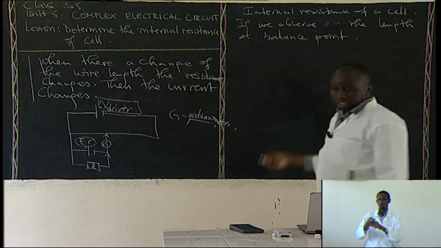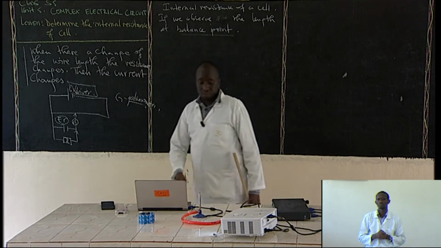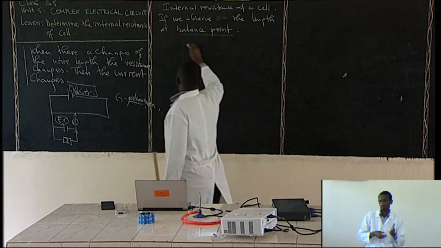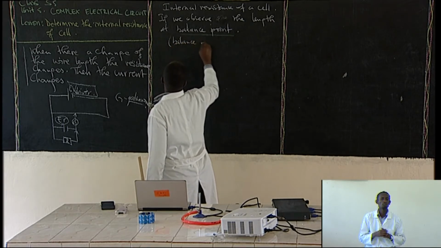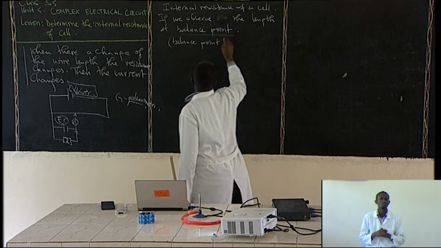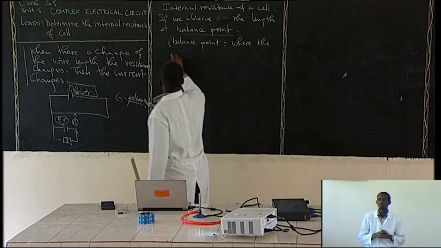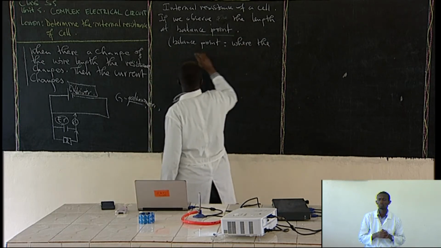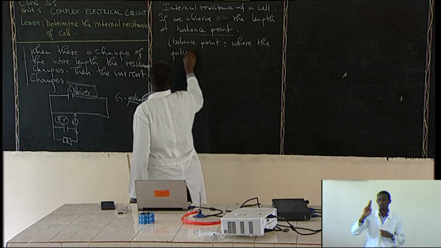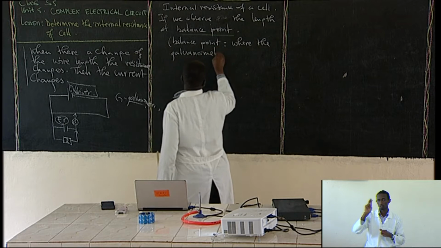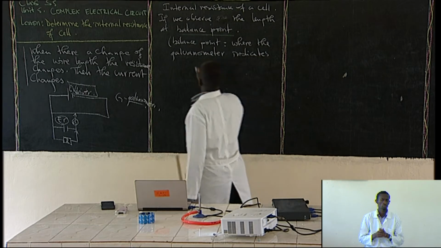So students, what is this variance point? This variance point means where the galvanometer indicates zero.